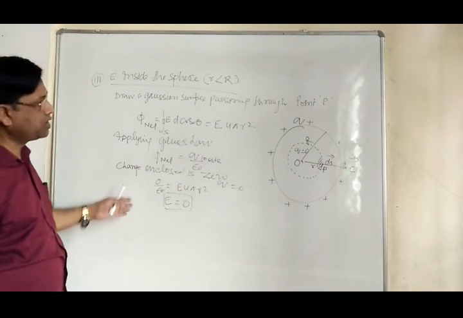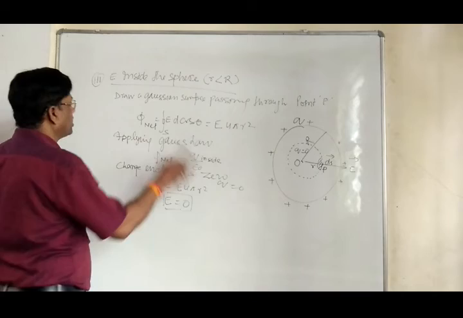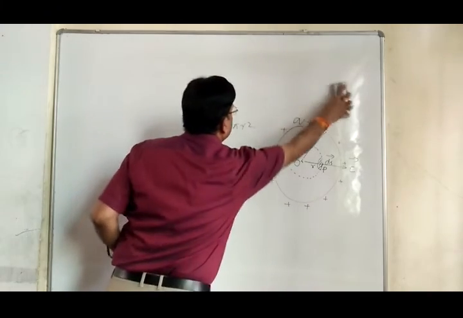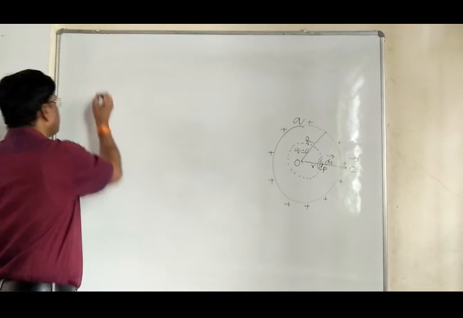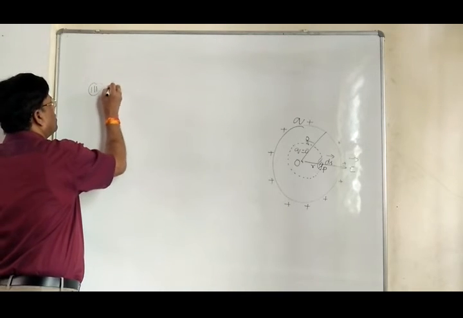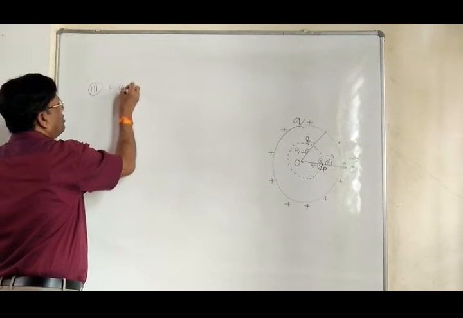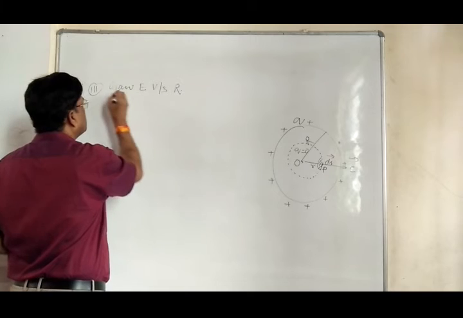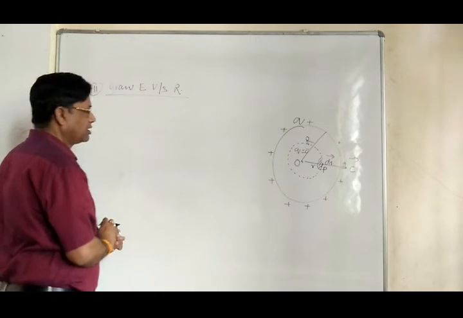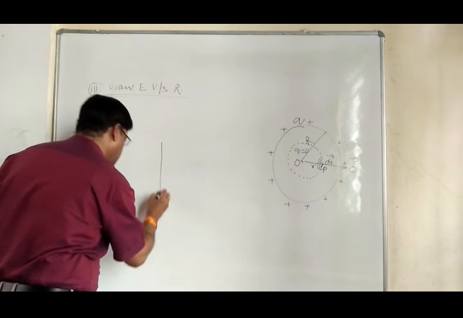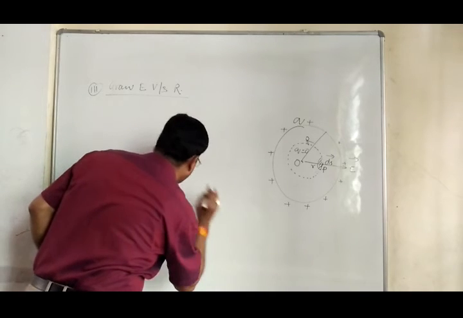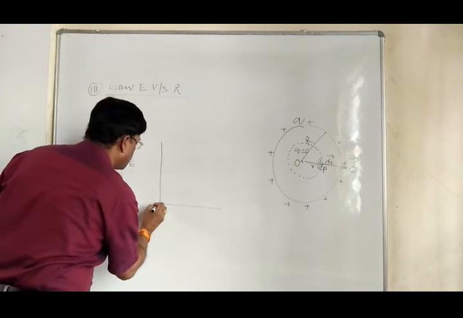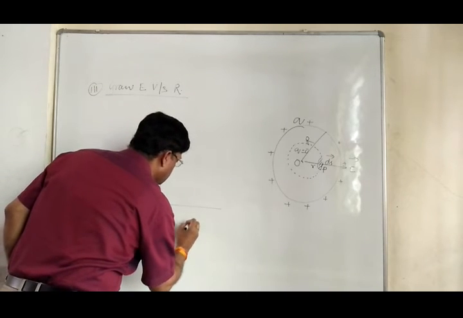Now I'm going to plot the graph, E versus r. E is increasing along the y-axis. E is electric field, this is the origin, and this is the distance r.